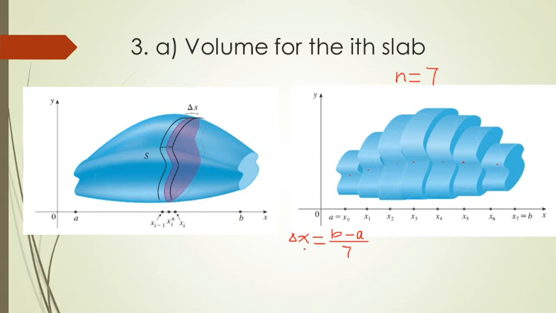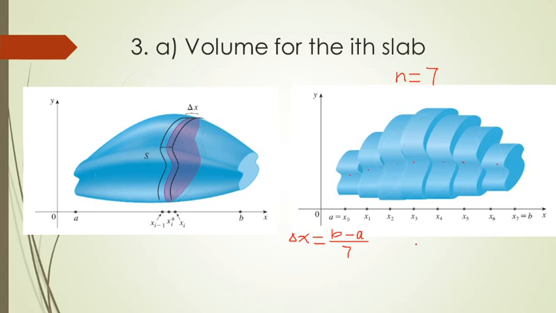So we get the thickness for each slab, which is b minus a over n, delta x. And we subdivide the closed interval [a, b] into 7 subintervals, x0, x1, x2 until x7 equals b.